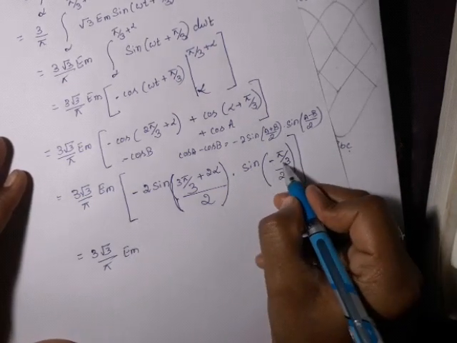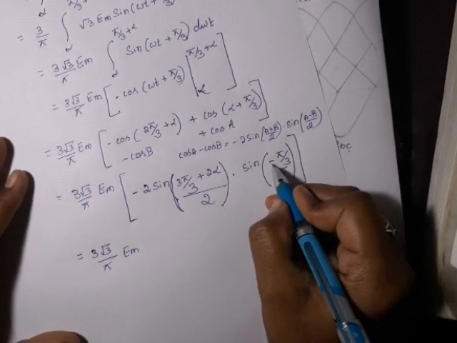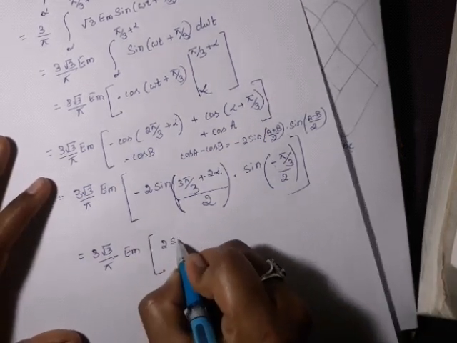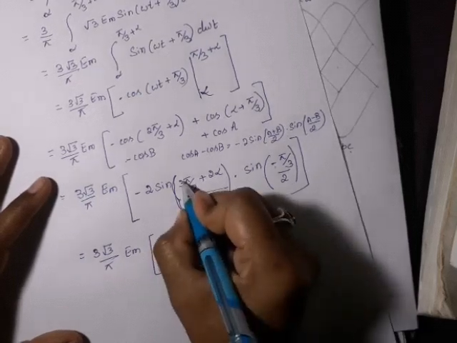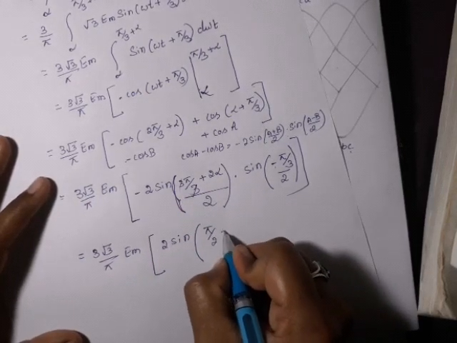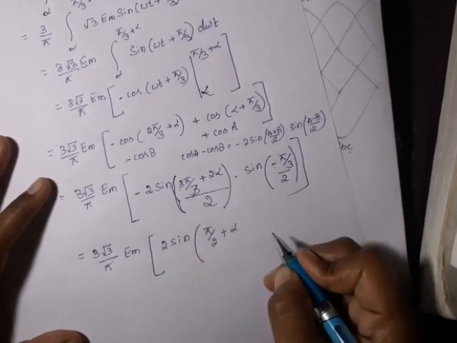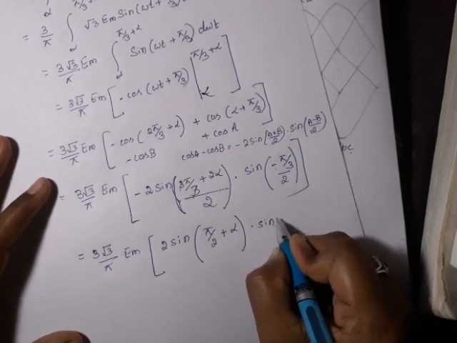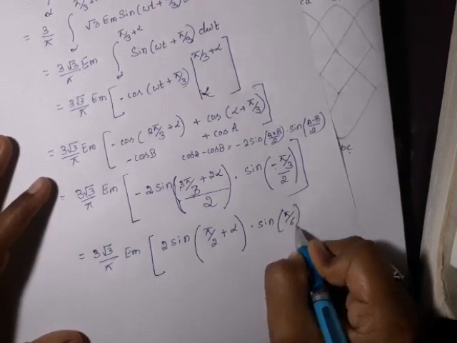See, sine of minus theta will become minus sine theta. Minus into minus will become plus. 2 sine, but 3 and 3 get cancelled. So this will become pi by 2 plus alpha, 2 alpha by 2. 2 and 2 get cancelled, into sine pi by 6.